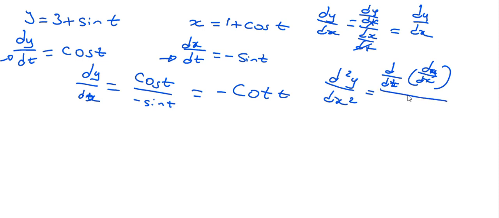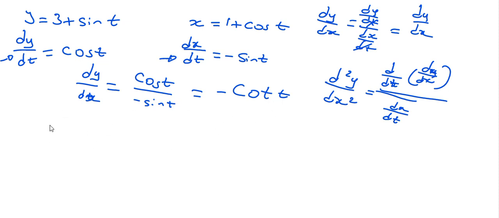Also, we put a divider, which is going to be dx over dt. We're supposed to remember that. Okay, so let's check here. Here we have negative cot.